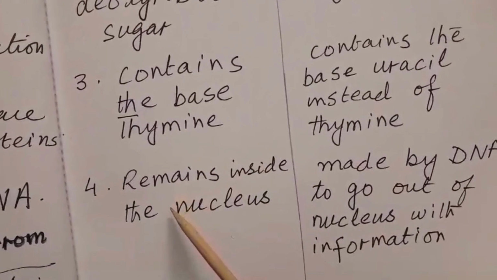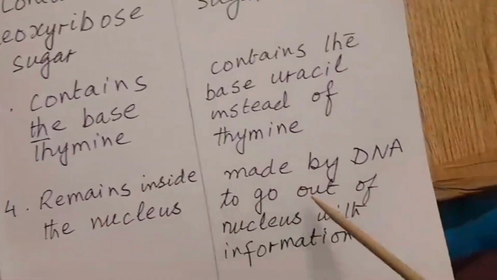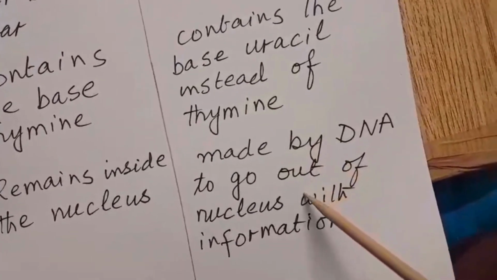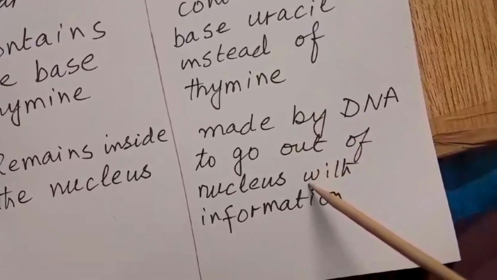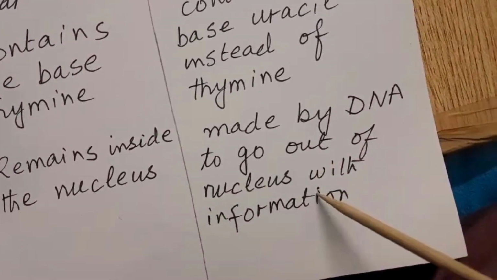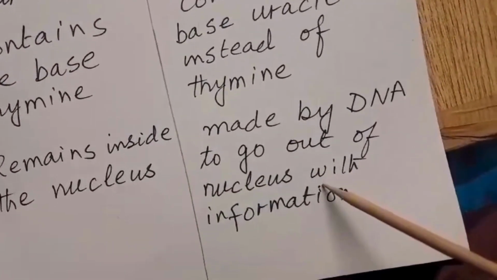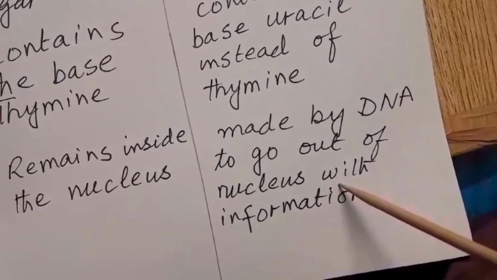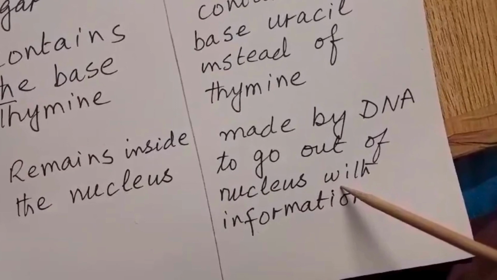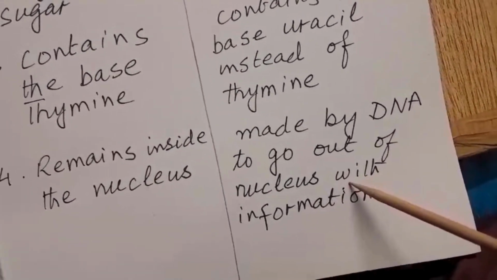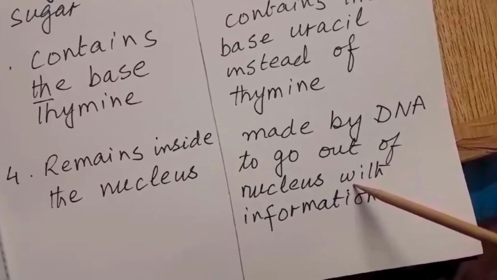DNA remains inside the nucleus, whereas RNA is made by the DNA and goes out of the nucleus into the cytoplasm with the information given by the DNA to make the protein as given in the information of the DNA. These proteins make our characteristics.